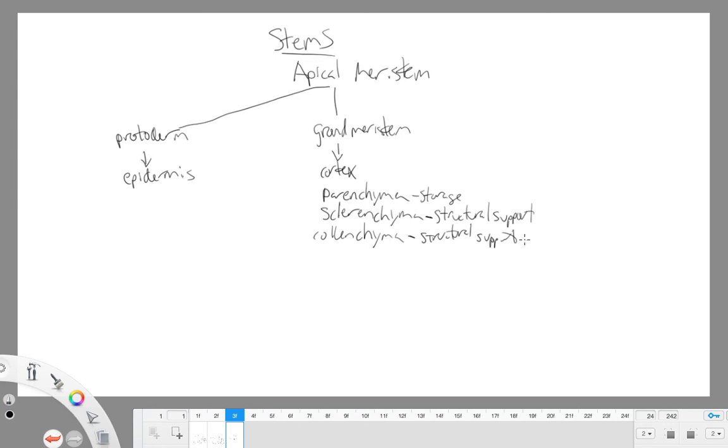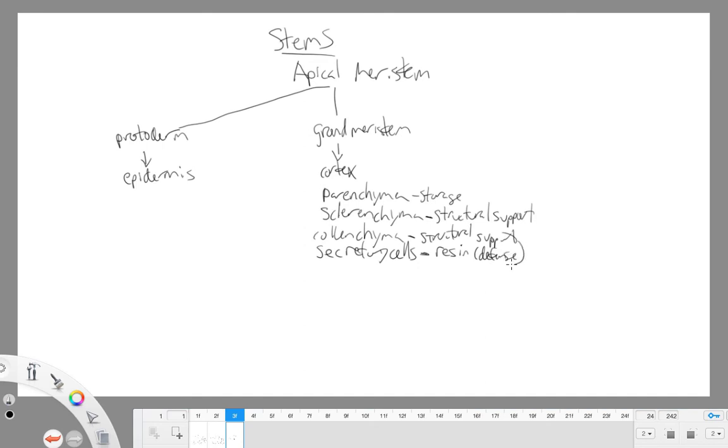The collenchyma cell walls are thickened with cellulose. Makes a difference in how rigid they are. And then we also may find in our cortex some secretory cells, which are going to produce resinous compounds that can act for defense.